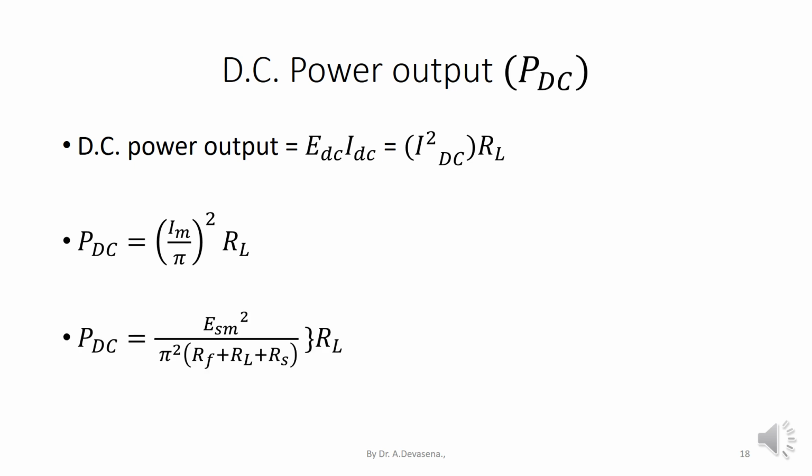So we get PDC is equal to ESM square by pi square into RF plus RL plus RS into RL, because the value of Im here is substituted as ESM by RF plus RL plus RS.